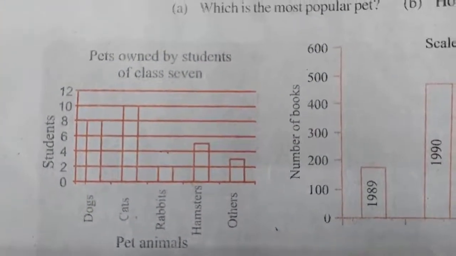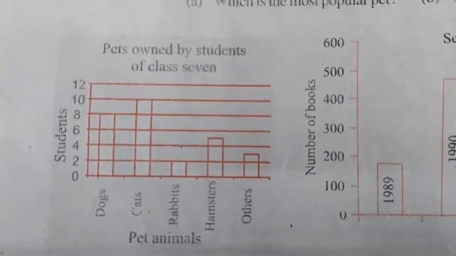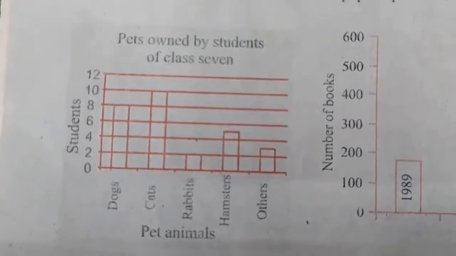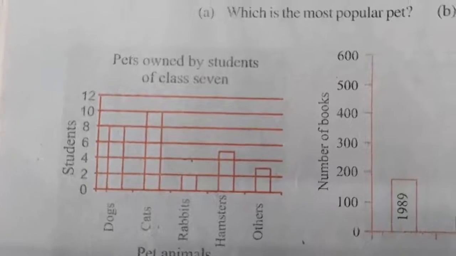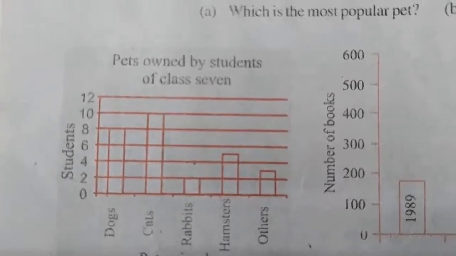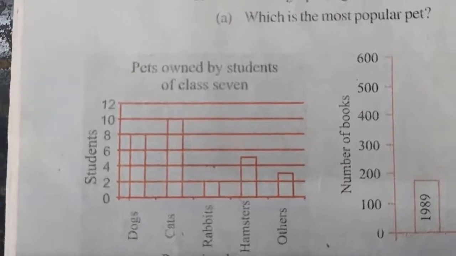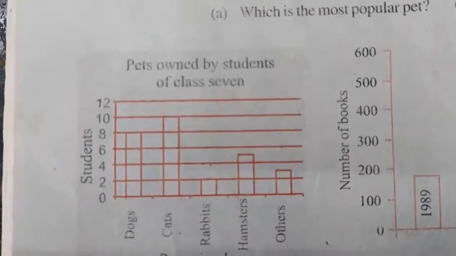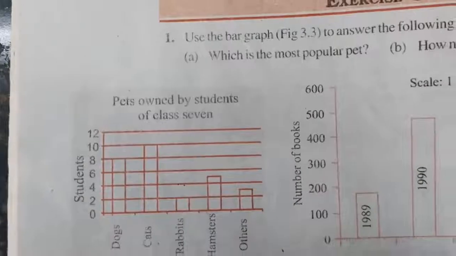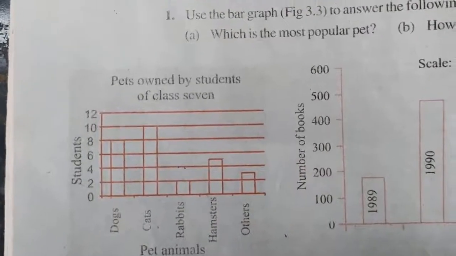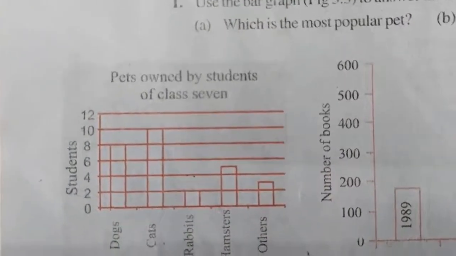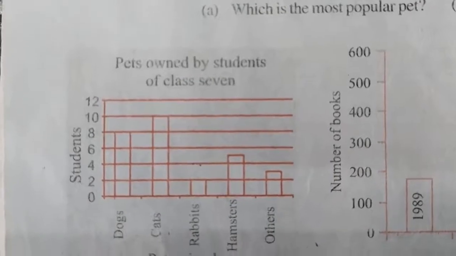Pets owned by students of class 7. So dogs, cats, rabbits and hamsters, others. Students is chosen on y-axis 0, 2, 4, 6, 8, 10, 12. Question 1. Which is the most popular pet by seeing the diagram? Yes, you are right.